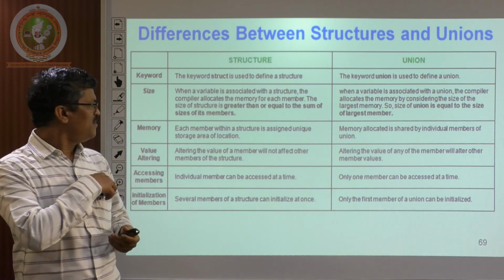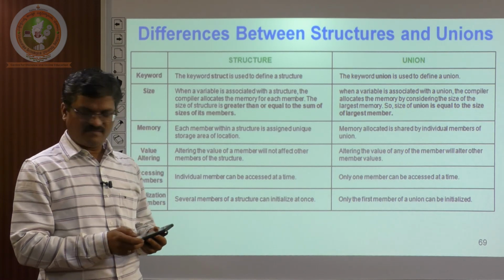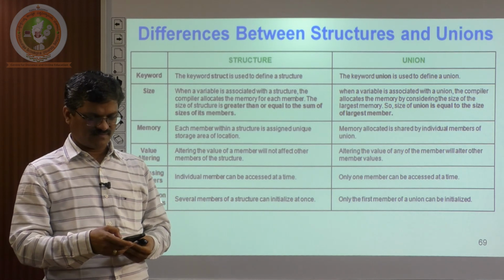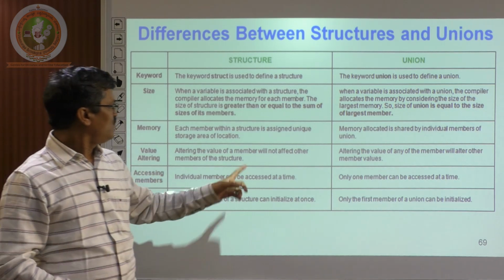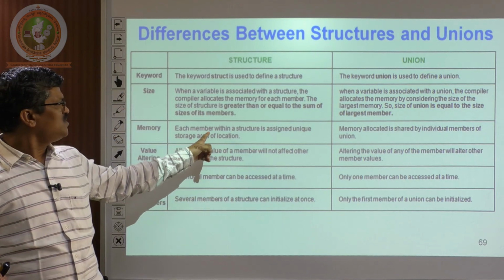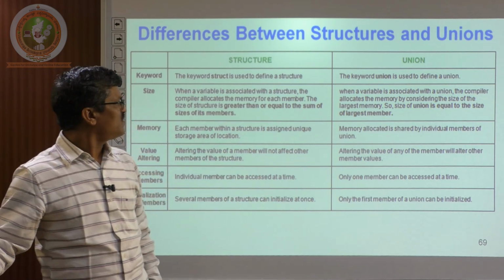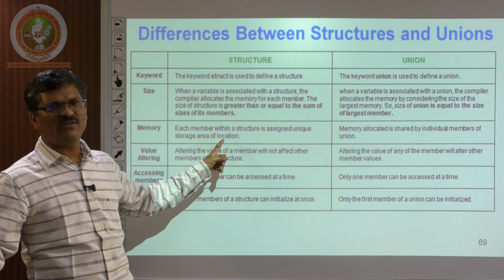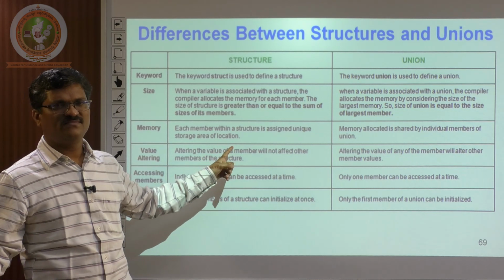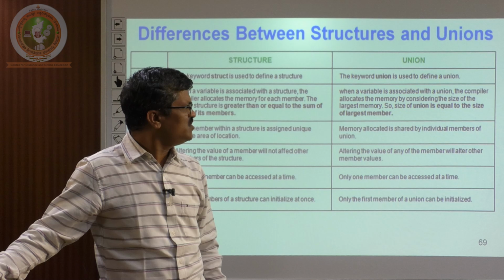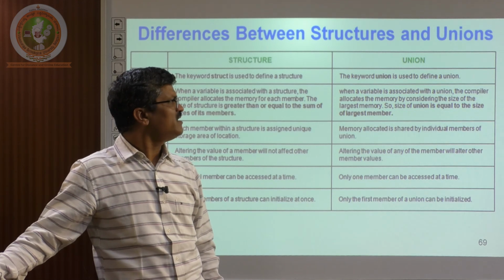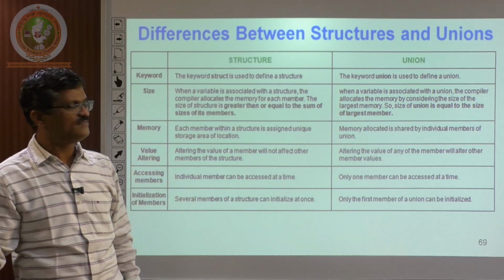Similarly, memory. Each member within a structure is assigned a unique storage area or location, whereas memory allocated to the union is shared by individual members of the union.